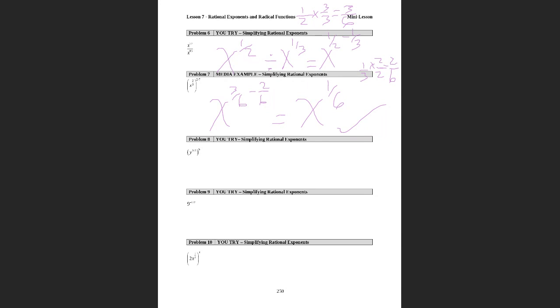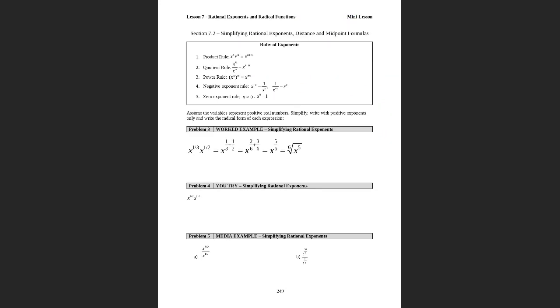All right. Now, let's go back to the rules again. Now, the power rule says if I have x to the power n all to the power m, then you're going to have x to the power n times m.